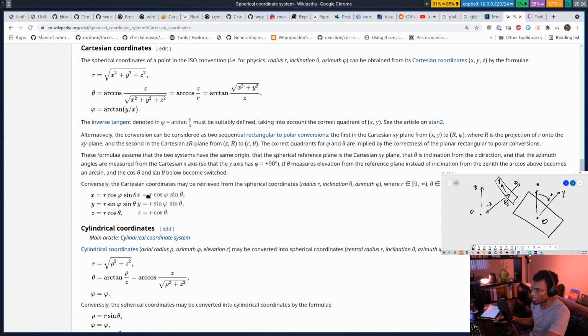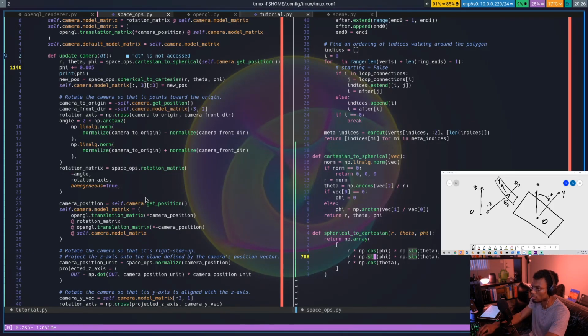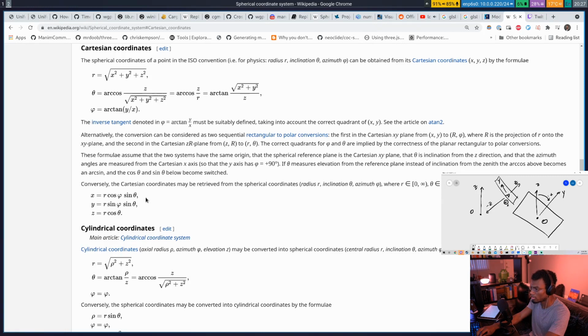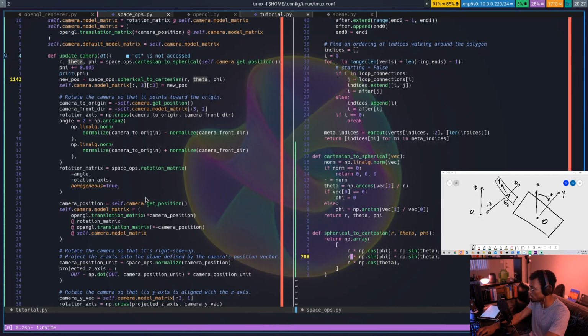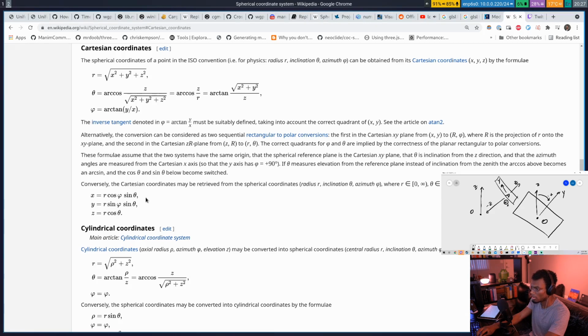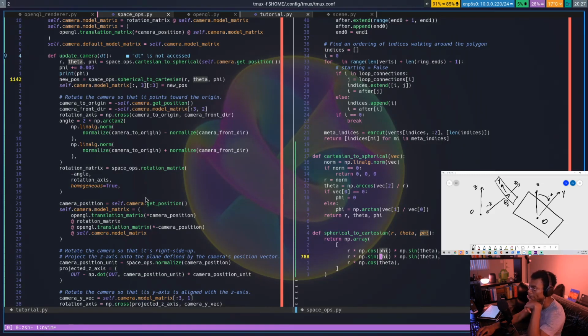R cosine phi sine theta. R, theta, phi. R cosine phi sine theta, R sine phi sine theta, and R cosine theta. Now it's all right.